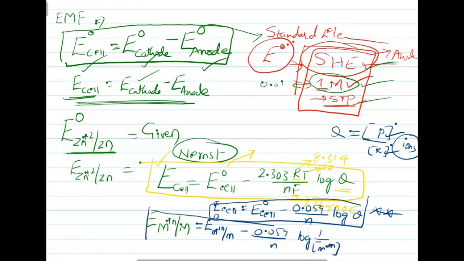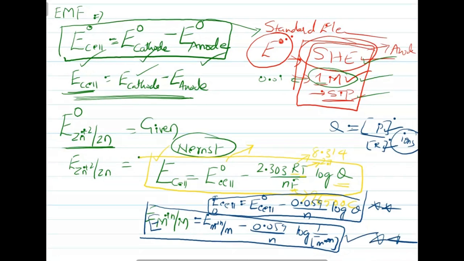So this is for single electrode potential. I cannot write log Q because Q indicates a reaction. It is only a single electrode potential, so you write 1 by the concentration of M n+ ions. This is for single electrode potentials. So using this we can solve many problems.